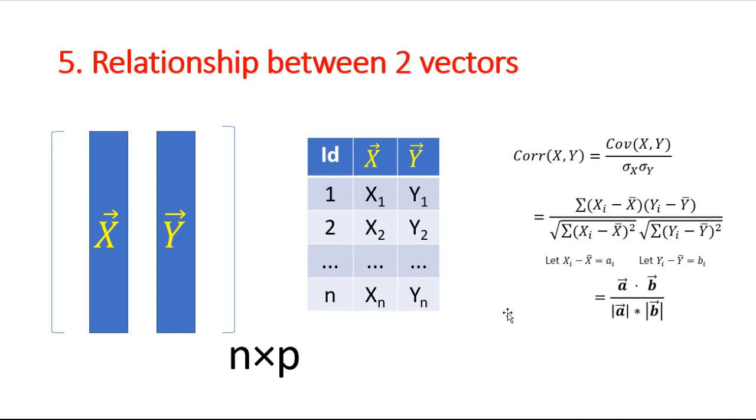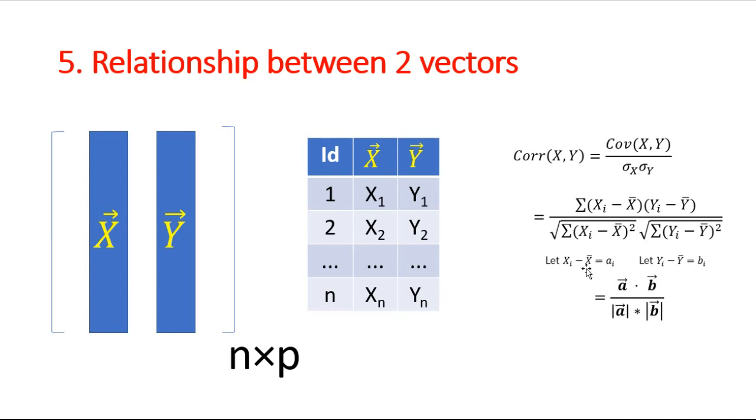Let's think about a data matrix, an n by p data matrix. Select two columns and we can define them as the x vector and y vector. Then we can imagine this kind of data matrix. And according to the correlation definition, we can write down correlation xy in this form.